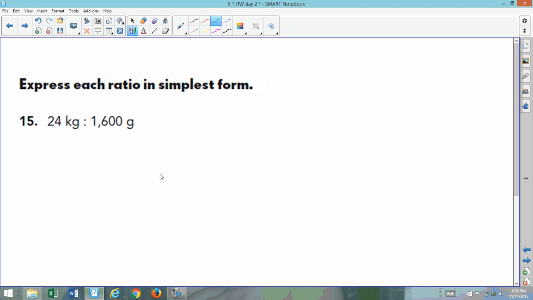Next problem. Write it in simplest form. Well, you have to know that there's 1,000 grams per kilogram. So that would be 24,000 over 16, 100 grams.